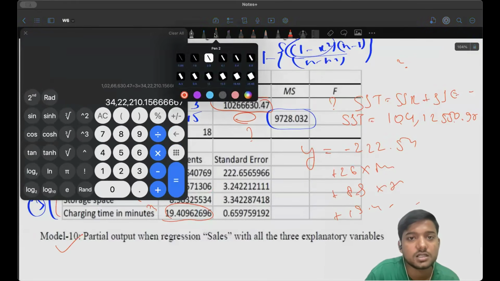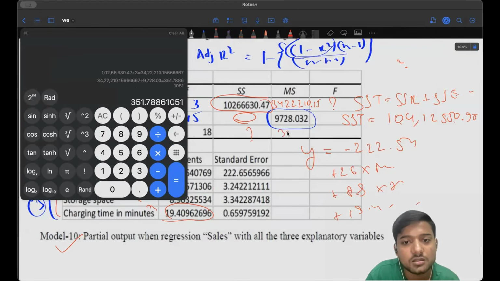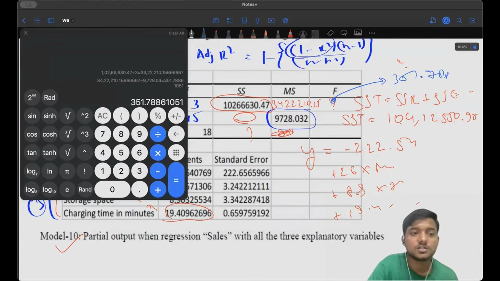That is going to be 3422.10.15. This thing is supposed to be divided by 9728.032. And this part is supposed to be 351.788. Okay. So this is how we get access to our F statistic.